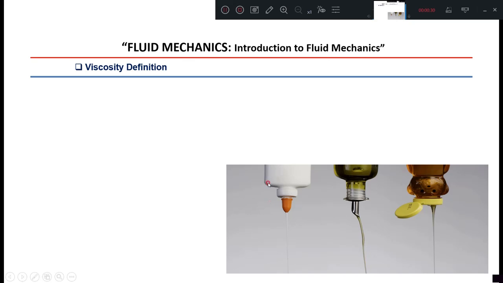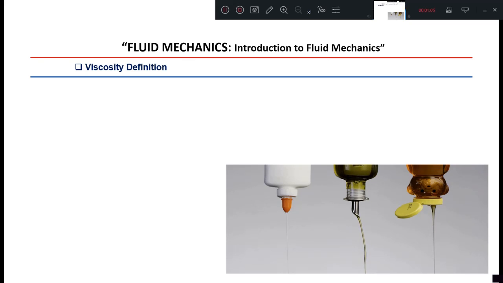In these pictures we have taken three types of fluids, and in the first bottle we have taken paint, the second bottle oil, and the third one is honey. So by looking at this picture, we can answer the question, what is viscosity. So imagine a bottle is held upside down, allowing the liquid to drain.